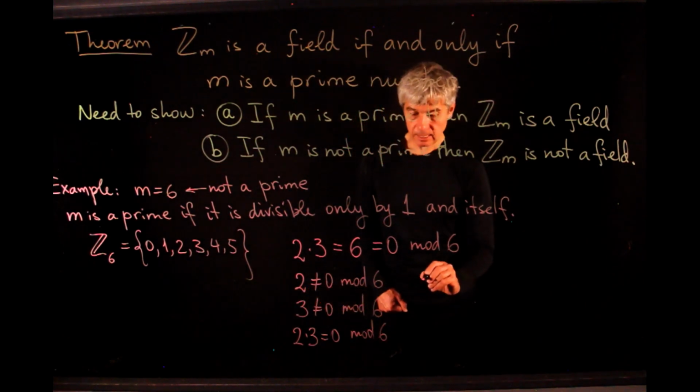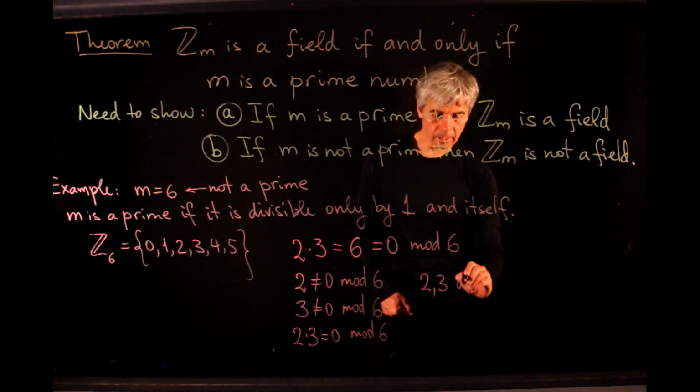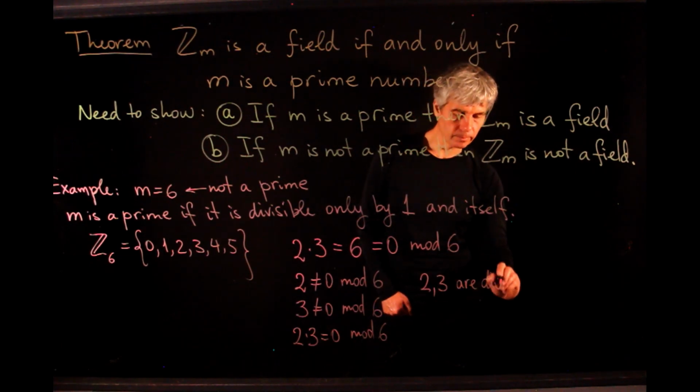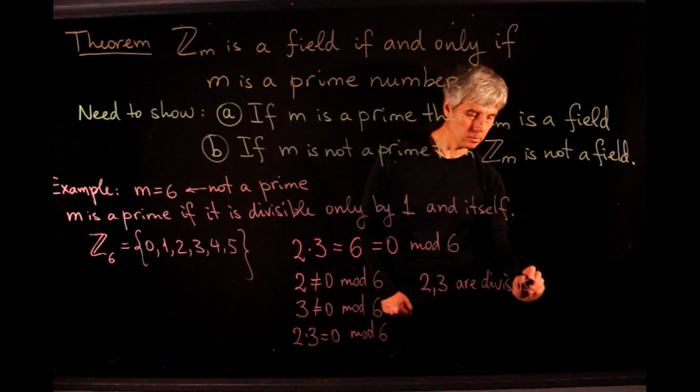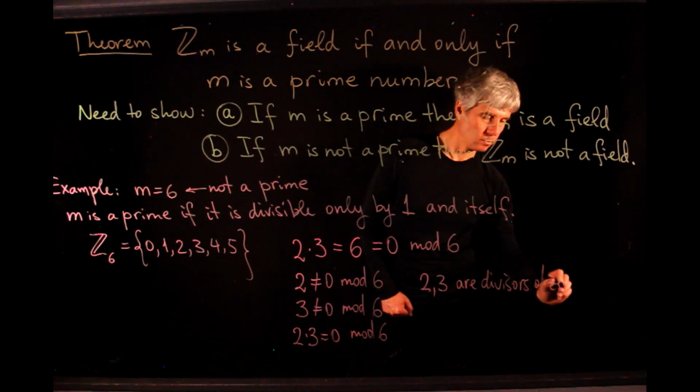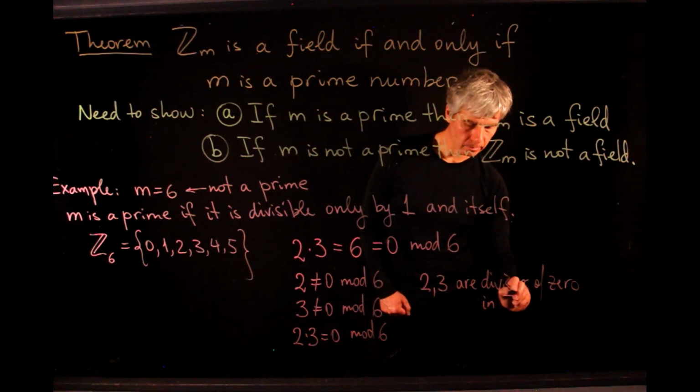So this means that 2 and 3 are divisors of 0 in Z6.